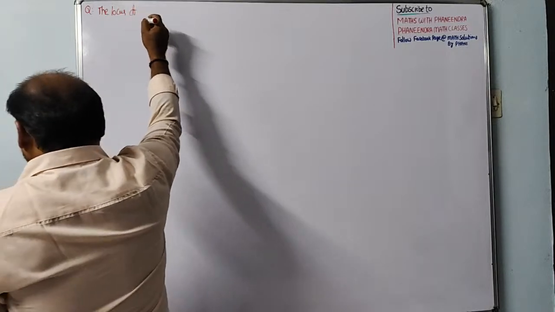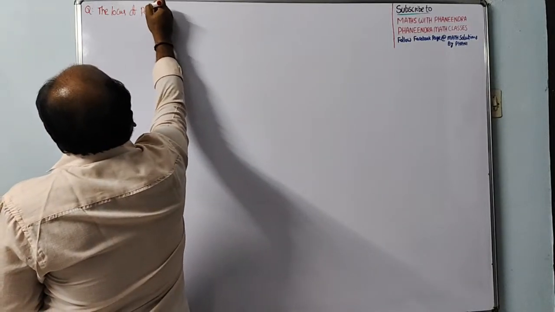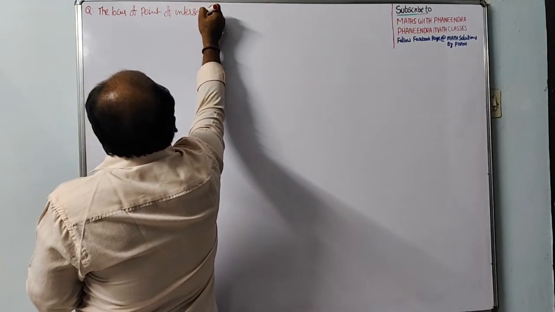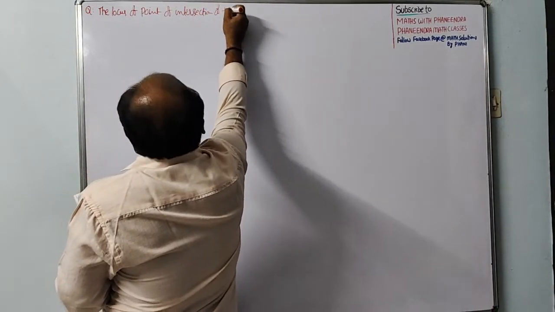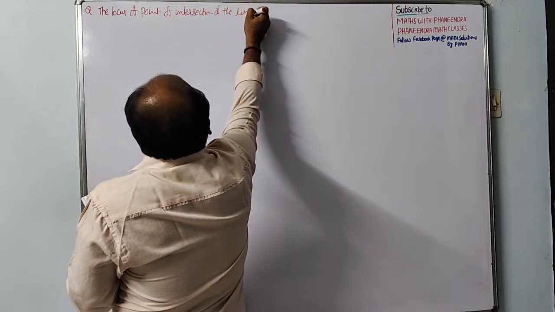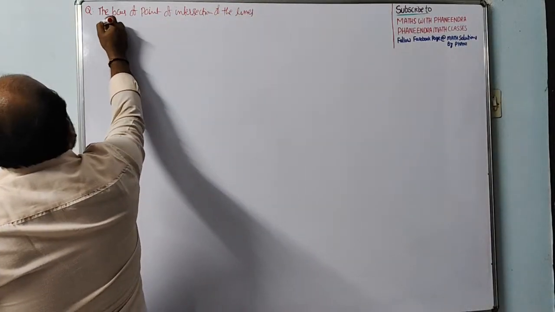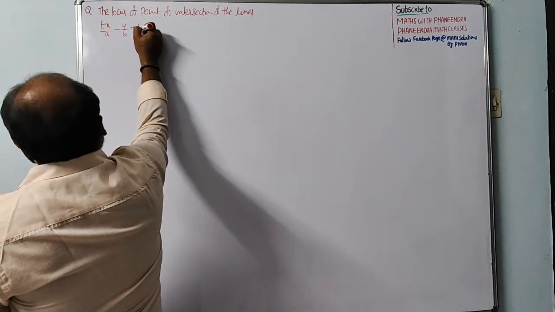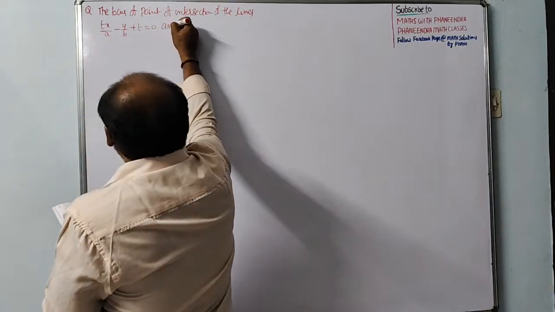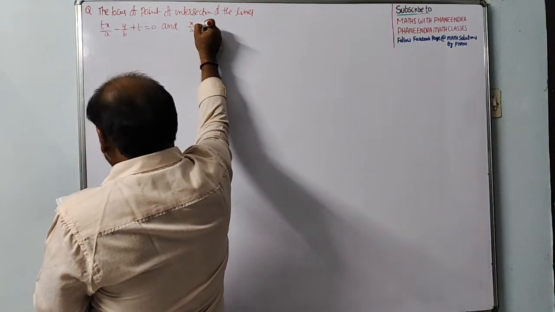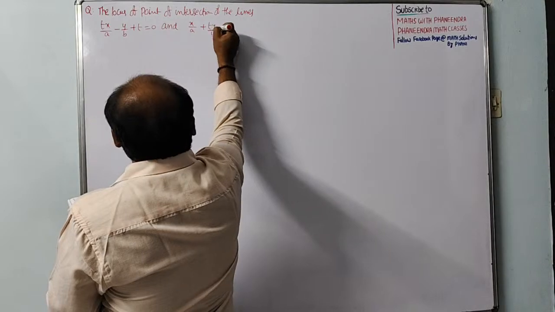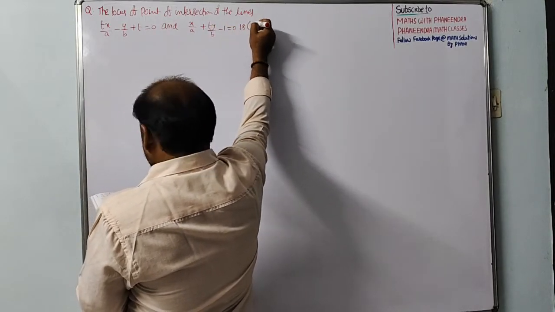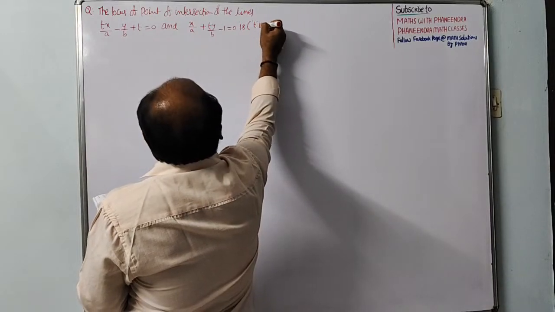The locus of the point of intersection of the lines tx by a minus y by b plus t equal to 0 and x by a plus ty by b minus 1 equal to 0, where t is a parameter.